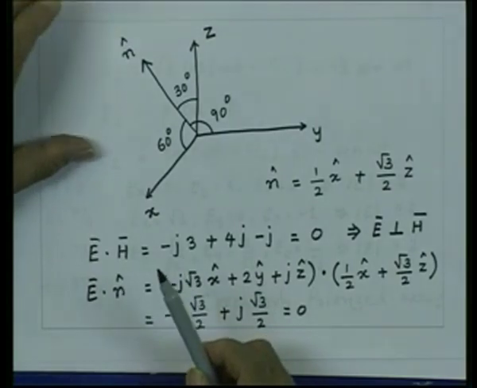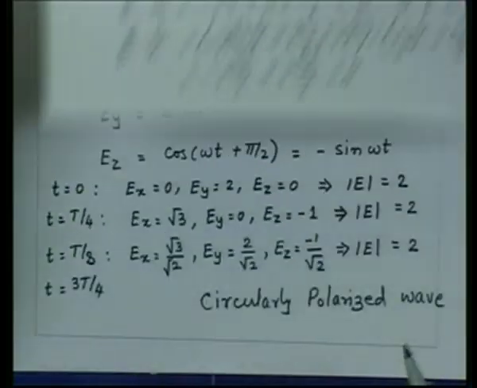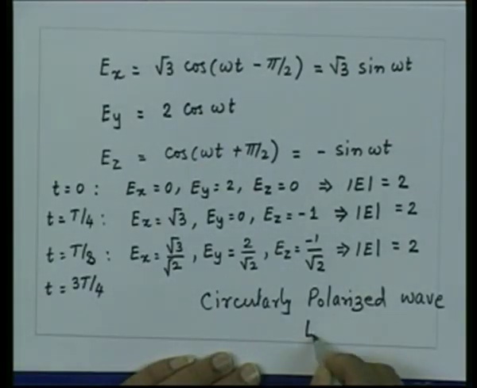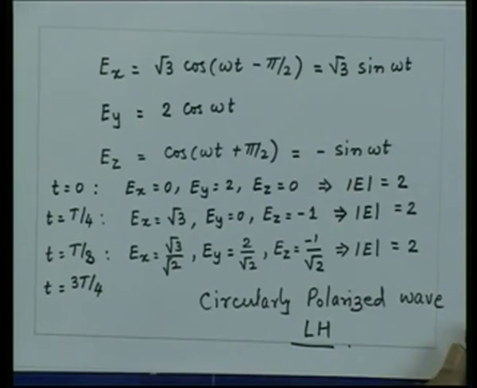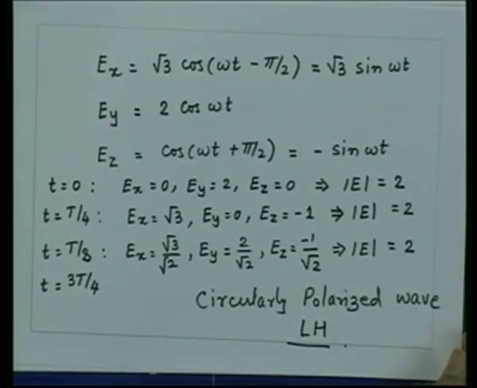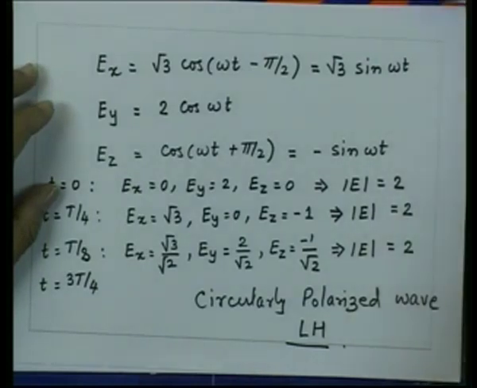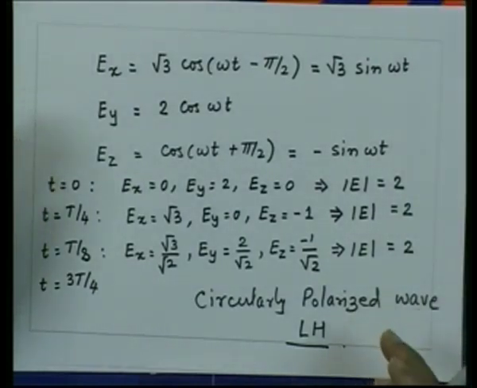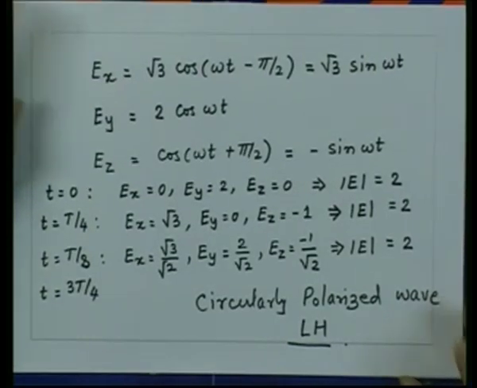That means this wave essentially represents a left-handed rotation. So, we have the sense of rotation for this wave, which is left-handed. This problem clearly demonstrates how, knowing the electric and magnetic fields, one can find out the various parameters regarding the medium, the velocity, the frequency, the state of polarization and so on.